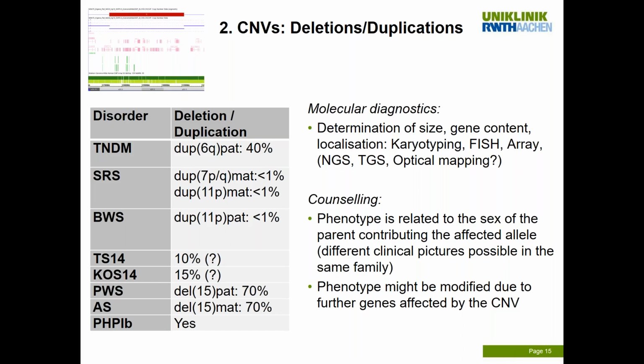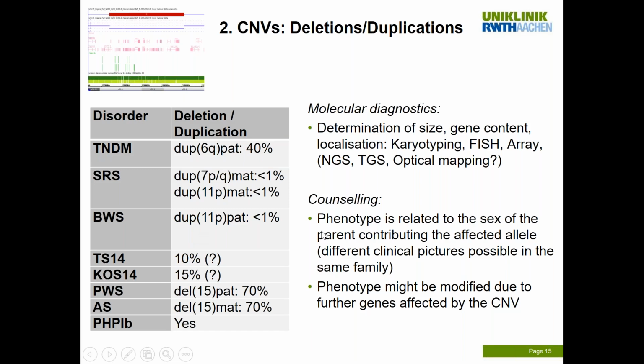That means you might have a different phenotype than the typical imprinting disorder phenotype because more genes are affected than only the imprinted gene on chromosome 7, 11, etc. So you have a correlation between the size of the deletion or duplication and the phenotype. And the phenotype might be mimicked by a very large chromosomal duplication or deletion close to an imprinting disorder region.